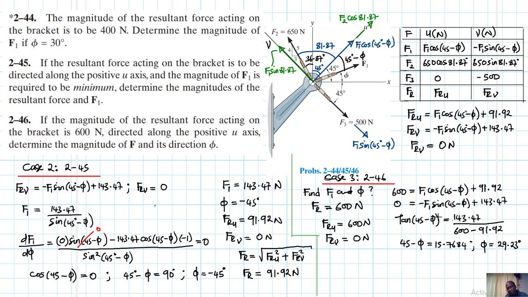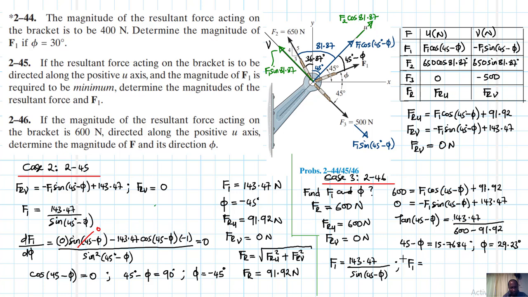So we have this. Let's now use this equation here. We know that F1, using this equation here, is just equal to 143.47 divided by sine(45 minus phi). Once we plug in phi in there, we already found phi is 29.23.